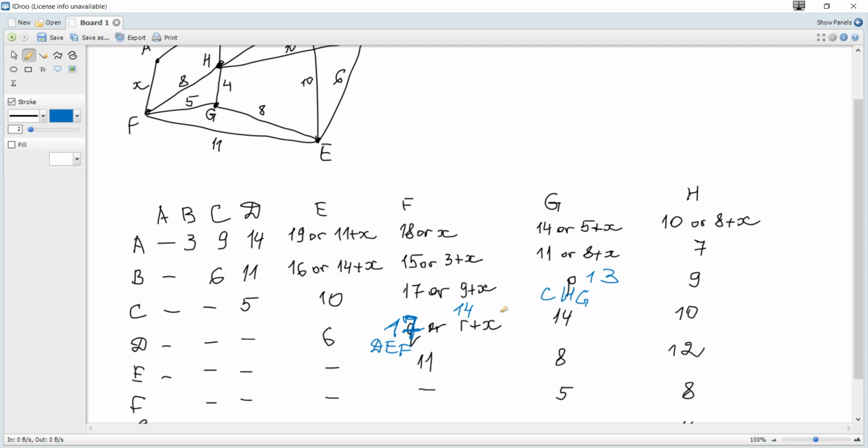Question D, consider the case where x is 3, and use the nearest neighbor algorithm to find 2 possible cycles, 3 marks, and then find the best upper bound for Daniel's travel time, 2 marks.